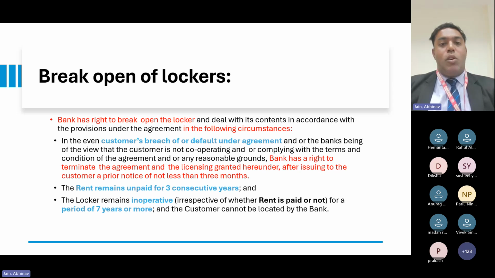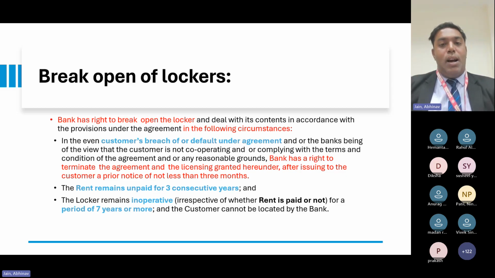Suppose there is some breach of contract from the point of view of the customer, or they are not cooperating or complying to any term, and bank wants to terminate the agreement. In that case, bank will have to issue a prior notice of 3 months at least. Very important question. 3 months notice has to be given before terminating the agreement from the bank side.